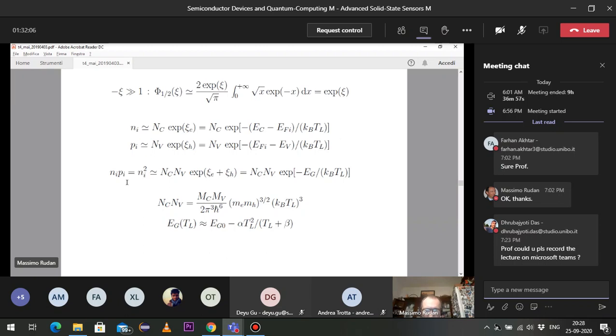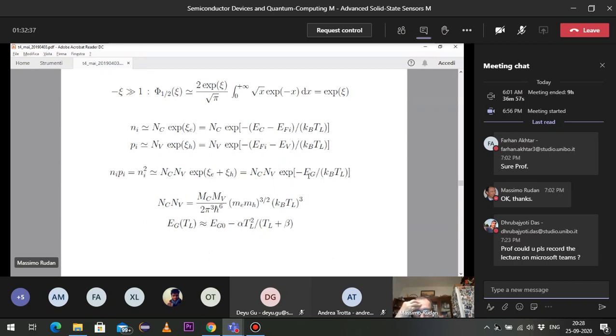So the question is, where are the dependencies on temperature of this expression? Well, of course, one is that we have kT in the denominator, okay? Another dependence is that the product Nc Nv is proportional to (kT) to the third power, okay?